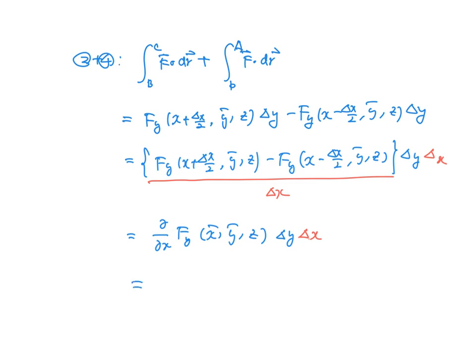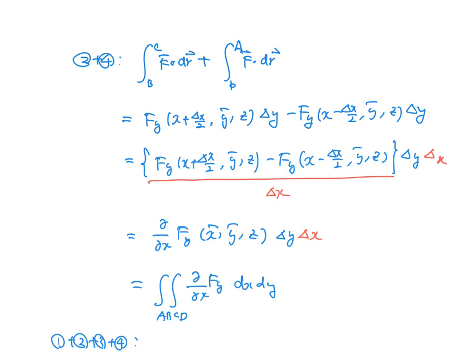Okay, so you can go back to this. Partial Fy over partial x, dx dy. So this is ABCD. The area is ABCD. So if we add them 1, 2, 3, 4 all together, what happens? 1 plus 2 plus 3 plus 4.